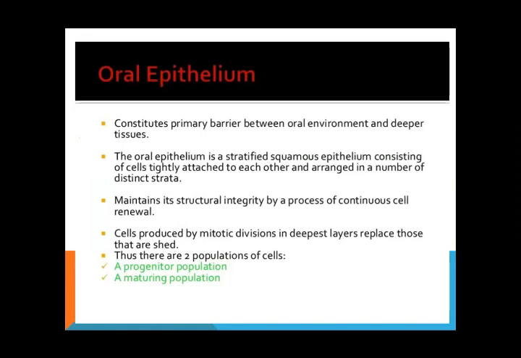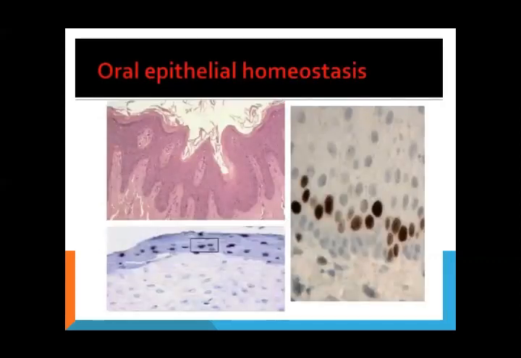Cells produced by mitotic divisions in the deepest layers replace those that are shed. Thus, there are two populations of cells: progenitor population and maturing population. Oral epithelial homeostasis.